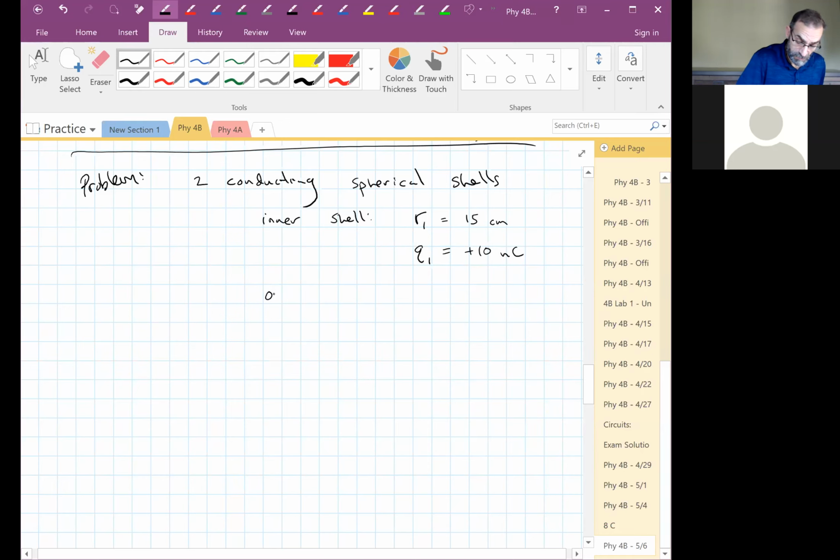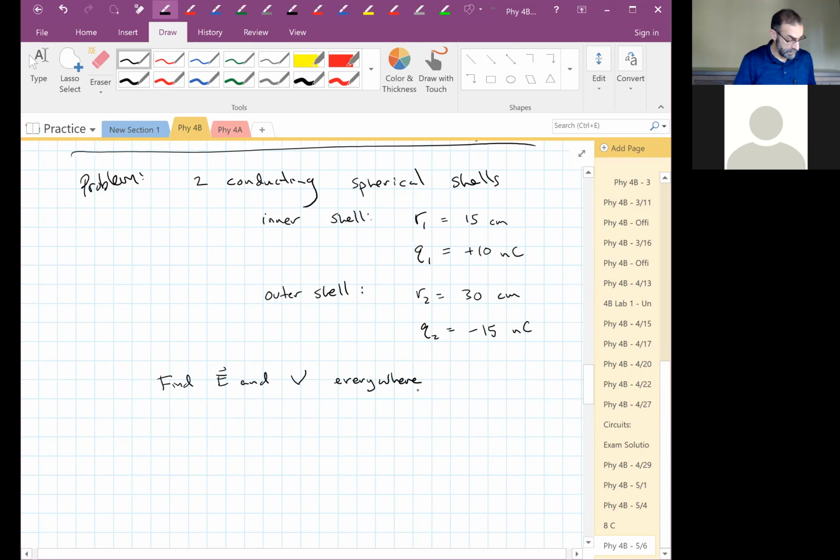And the outer shell has a radius R2 and a charge Q2. Find E and V everywhere if V equals 0 at R equals infinity.